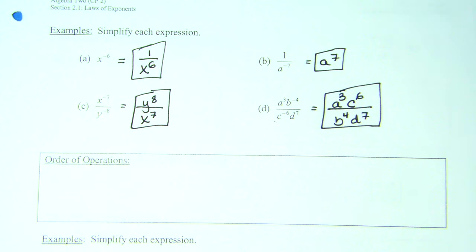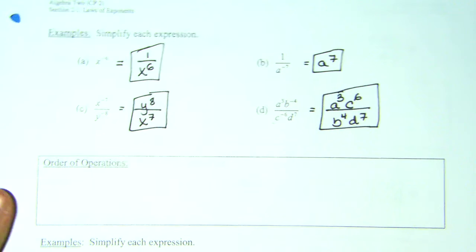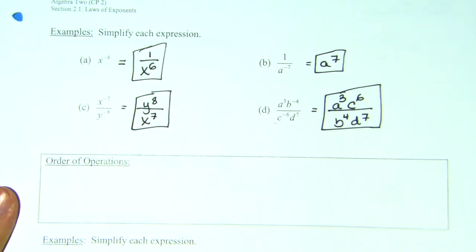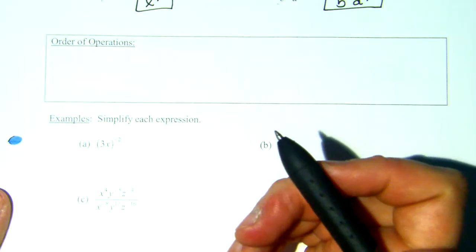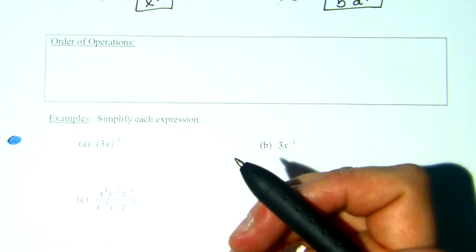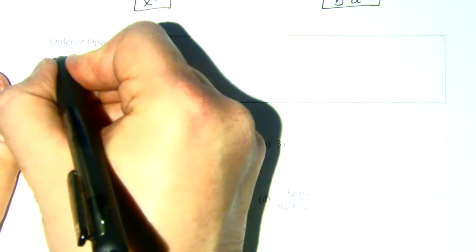We are going to spend the rest of today looking at putting all of our laws together. Before we do this, there's a little bit of an order of operations we can use with these exponent rules. There are a couple different ways we can do certain problems, but if we follow this particular order, I think it will be the easiest to make sure we get things correct.